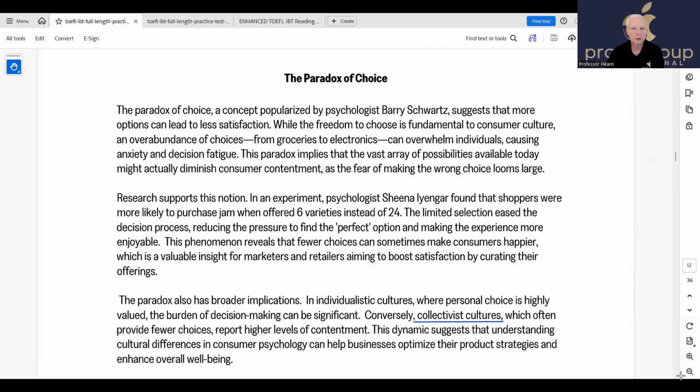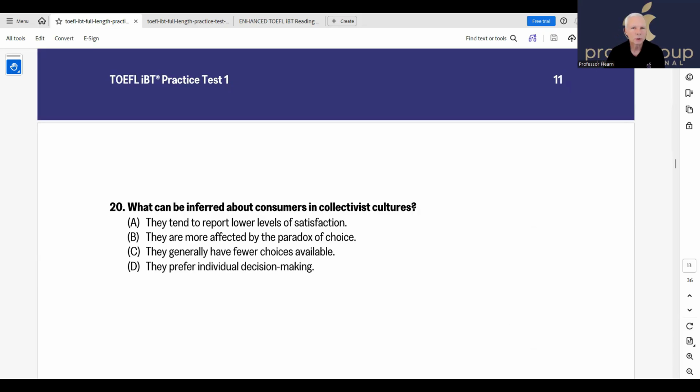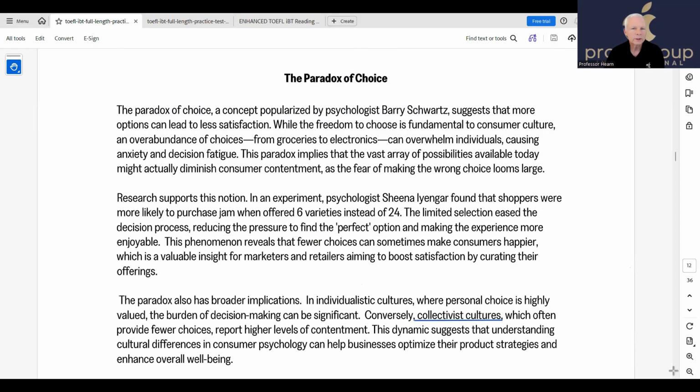Is this enough information to eliminate choices that are different from what's said in the passage or not mentioned? Let's look at our choices and see if we can eliminate certain ones. If you're not sure, look at your question again. In this case, it's asking about consumers in collectivist cultures. Does our sentence talk about consumers in collectivist cultures? Well, our sentence doesn't use the word consumers, but is it related to consumers?